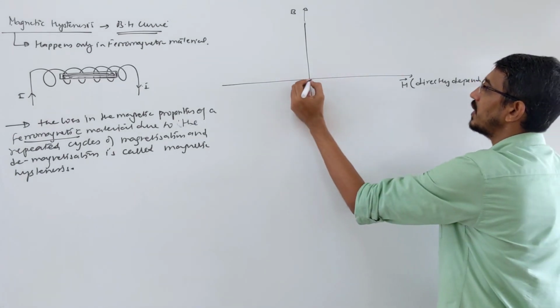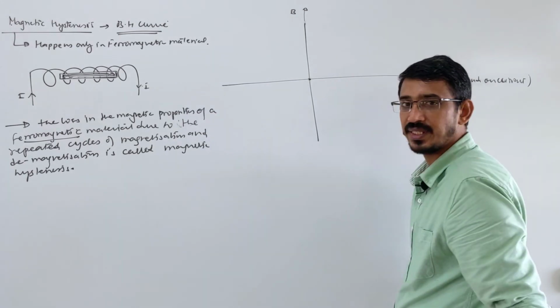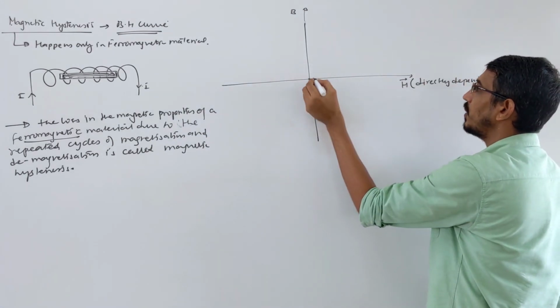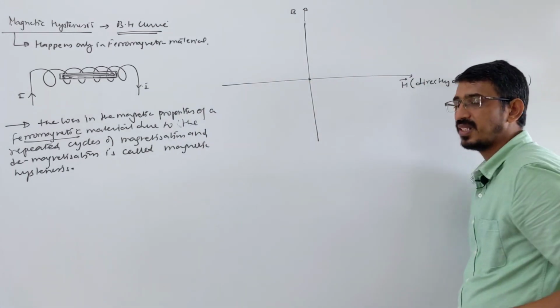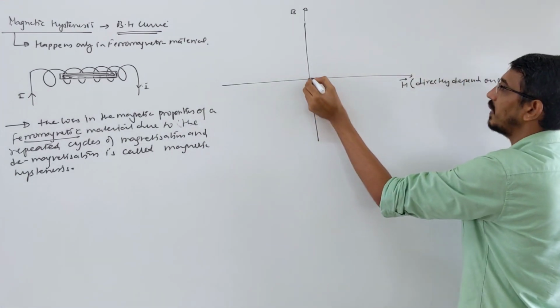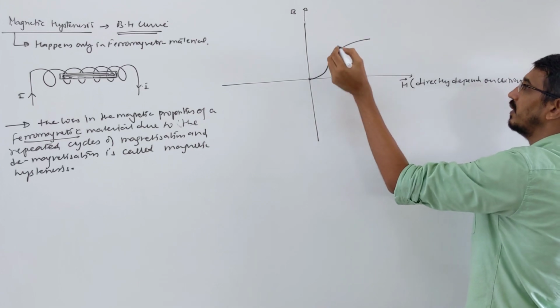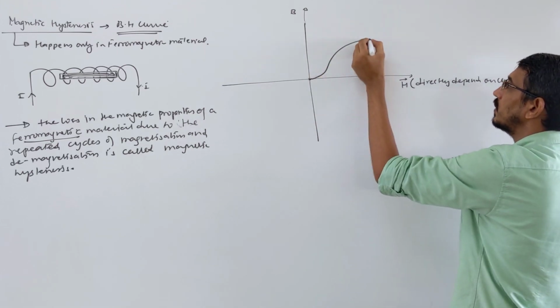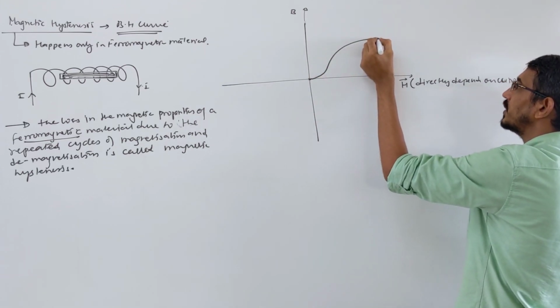So what happens initially? Suppose there is no magnetic field inside this, no current. Now as you increase the current, the magnetic field increases non-linearly. It doesn't increase linearly, it curves like that. Then it becomes maximum at this point, saturation.